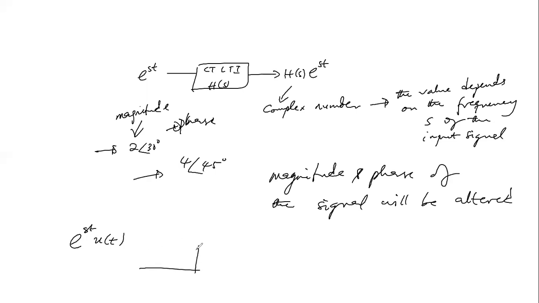A unit step function is going to clip this signal for values of t less than 0. So all the frequency components contained in this eigenfunction at values less than 0 will not be present at the output. So e^(st)u(t) is not an eigenfunction, because for e^(st) to be an eigenfunction, the frequency components in the input must be present at the output.